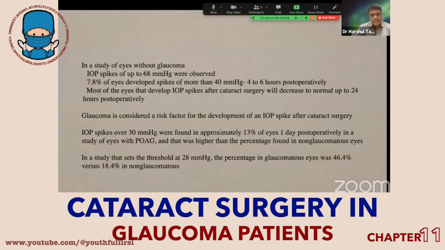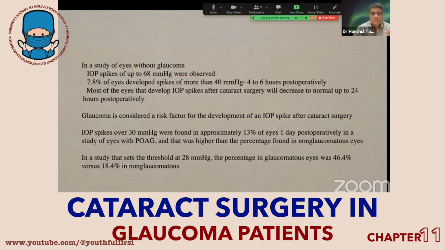There were various studies done to look at the changes in the IOP after cataract surgery. In a study of eyes without glaucoma, IOP spikes of up to 68 millimeters of mercury have been observed, where 8% of eyes developed spikes of more than 40 millimeters 4 to 6 hours post-operatively. But most of them come back to normal, up to 20, within 24 hours.